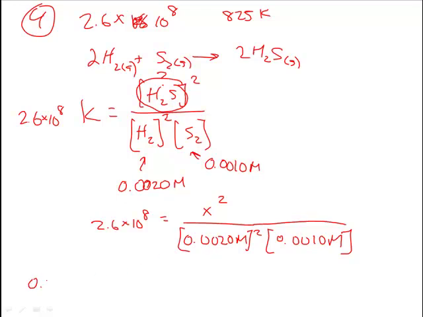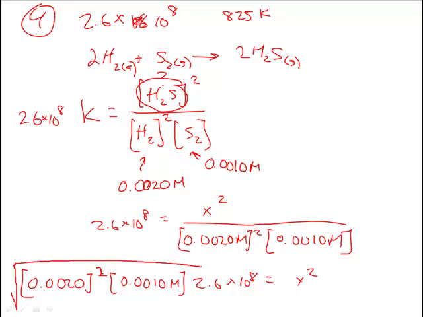So we take 0.0020 squared times the 0.0010 molar times the 2.6 times 10 to the 8th equals x squared. And then we have to take the square root of both sides to get rid of the x squared to get our value for the concentration.